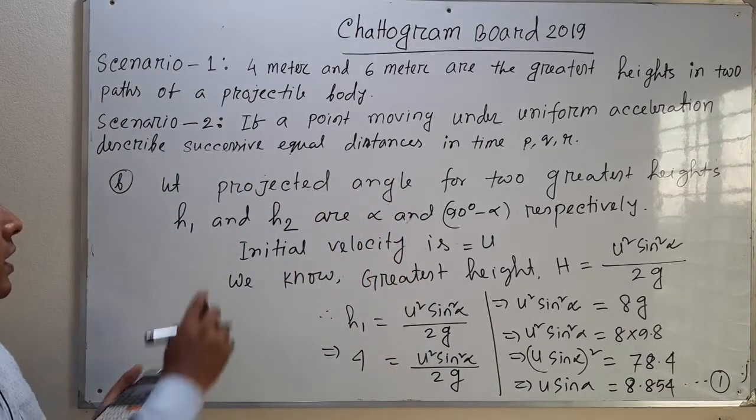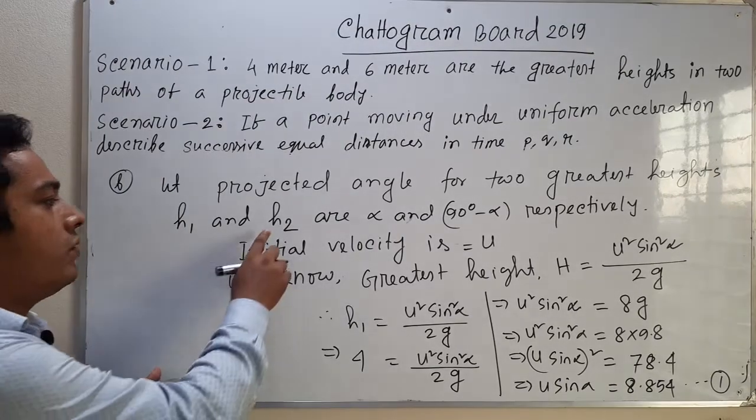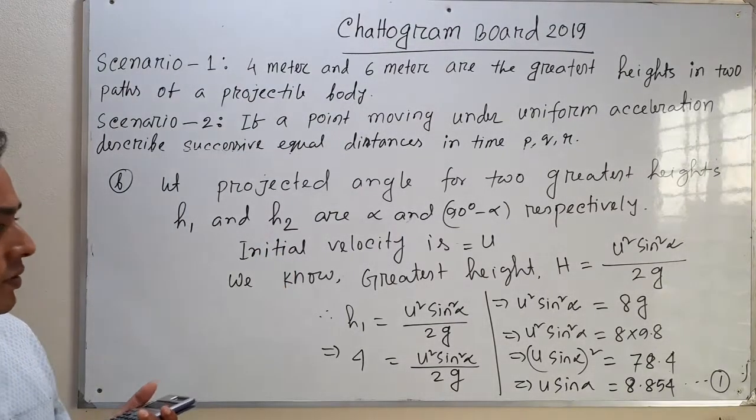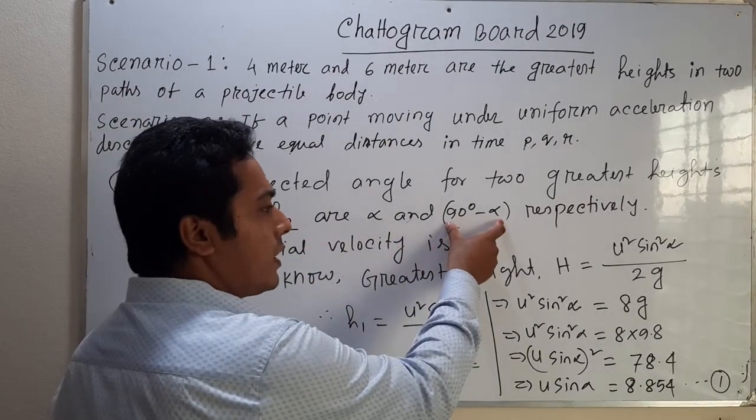Now we use the second greatest height h2. For h2, the projected angle will be 90 degree minus alpha.